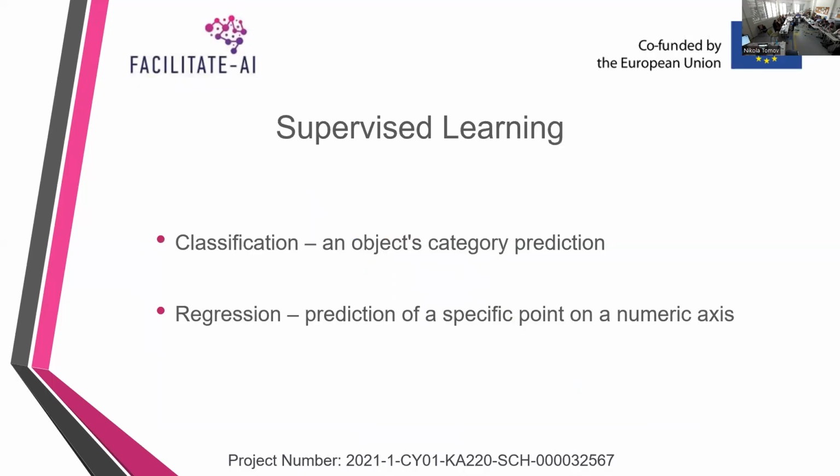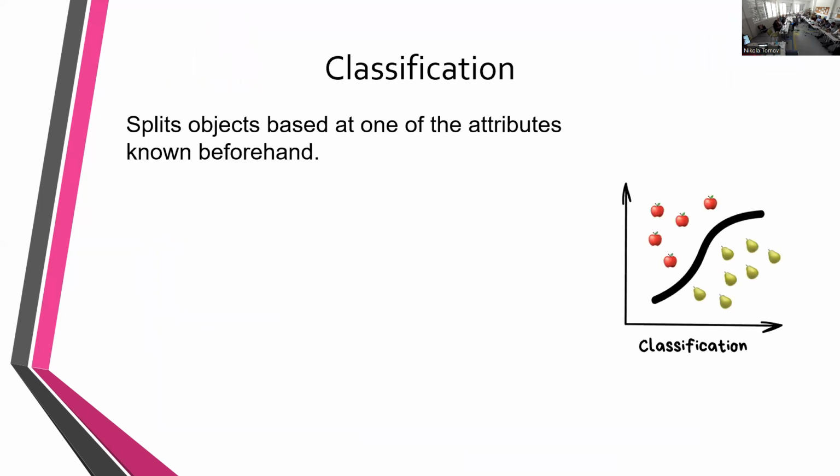In supervised learning, we usually have two kinds of problems: classification and regression. Classification we've seen already, it's very simple: choosing an object category. Regression is to predict a specific point. Let's see an example. In classification, we basically split the objects based on an attribute that you know beforehand, that the apple is red, or this fruit is green, or whatever you may have in your hands.